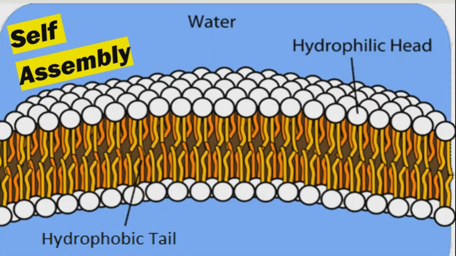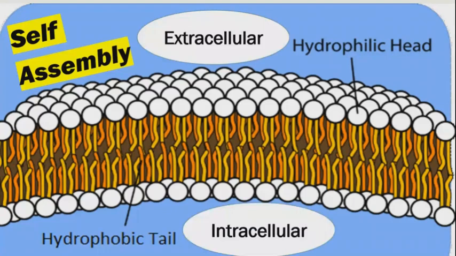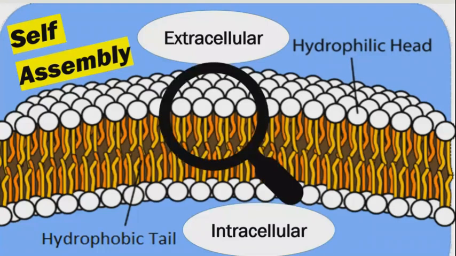Now, this creates that phospholipid bilayer. Now, extracellular fluid is on the outside of the cell, and intracellular fluid is on the inside of the cell. So extra outside, intra inside the cell. Now, let's take an even further look here.